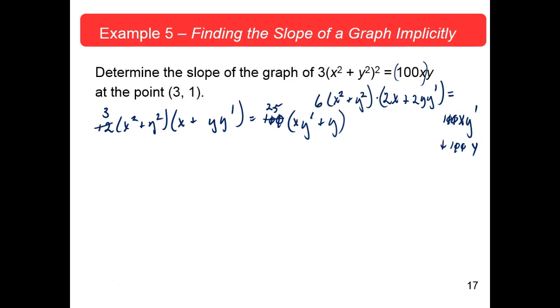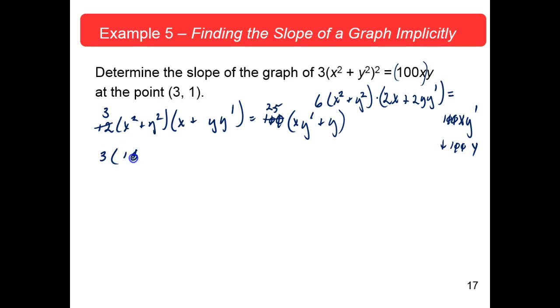Now, what would you recommend I do next? We're looking for a slope. What does that mean we need to know? You can plug it in anytime you want to, so I guess we can go on and do it now. What does that give us? 3 times 10.